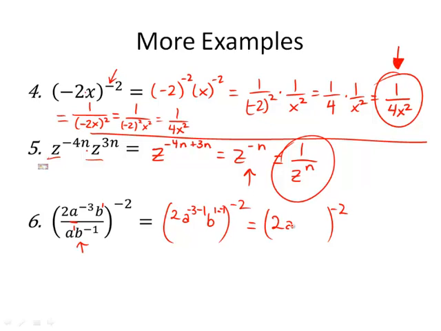That gives us 2a to the power of negative 4, b to the power of 1 plus 1, which is 2. Okay, so we still have a negative exponent here, but that's okay. Let's just input this guy now. So 2 to the power of negative 2, a to the negative 4 to the power of negative 2, and b to the power of 2 to the negative 2.